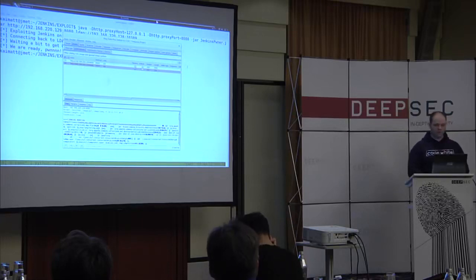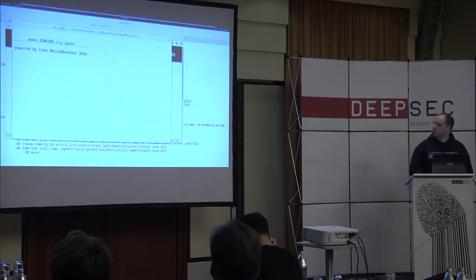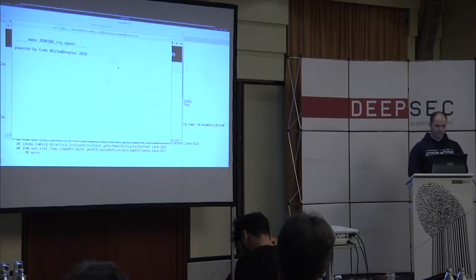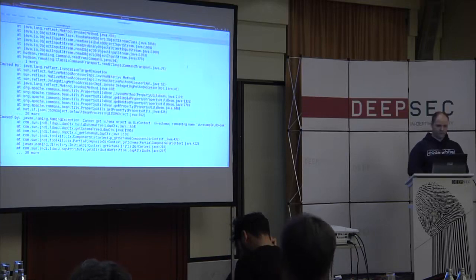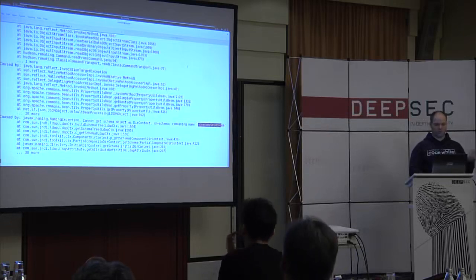And if you go now to the Jenkins server, you see an Xterm, "make Jenkins cry again, powered by Code White." And just to make sure, if you trust me, here's the exception from Jenkins. It's trying to connect to the LDAP server, and it's trying to resolve dec.example.com. I send my bad response, and I get code execution. That's it. This is Jenkins.